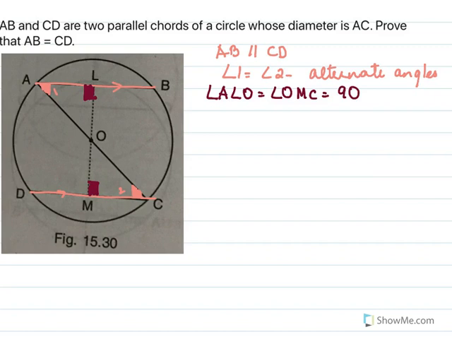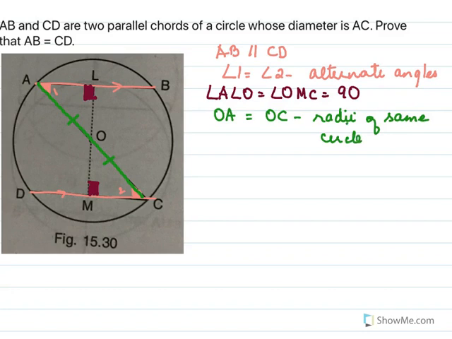So if we take up these two triangles, they are congruent. We need a third part, and that is OA equal to OC, because they're radii of the same circle. So we have OA equal to OC, radii of same circle. So the two triangles now are congruent.